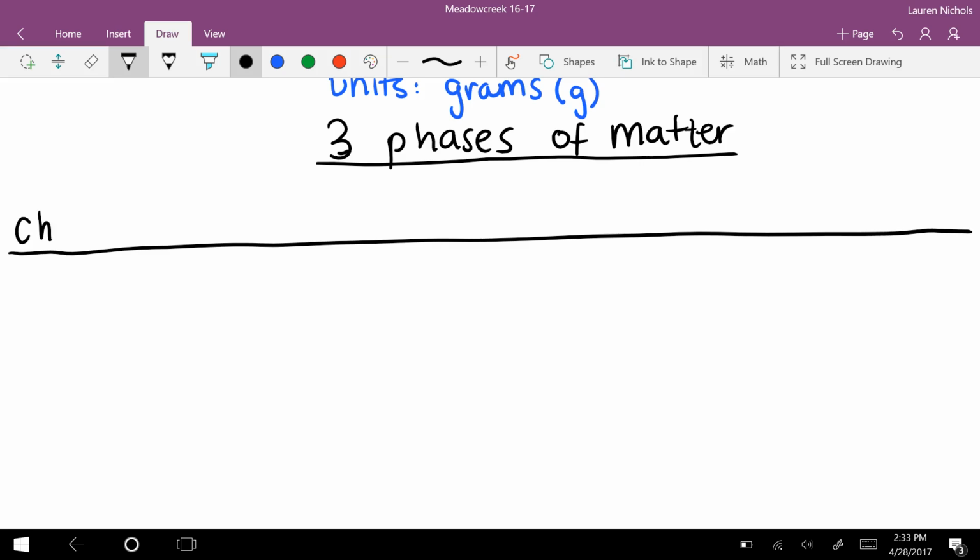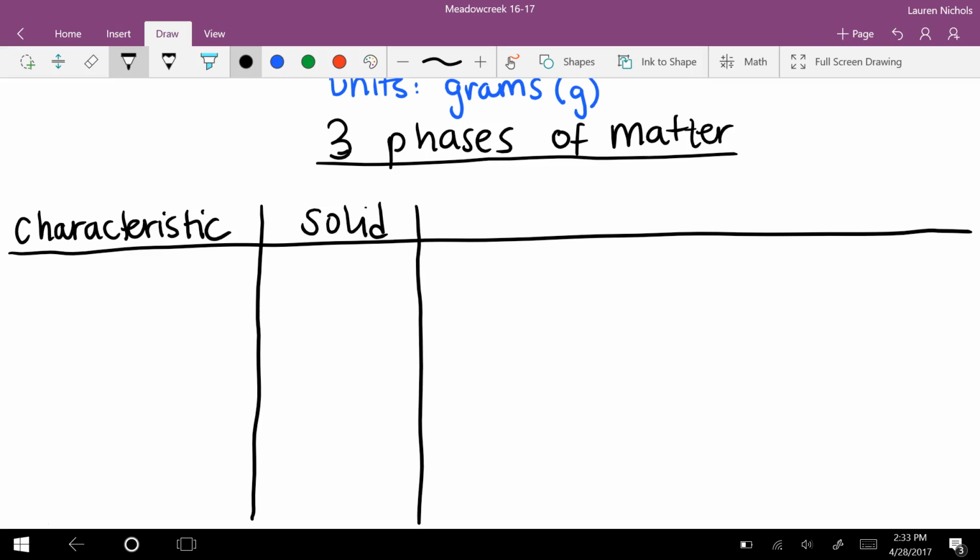So we're going to have our characteristic. We're going to have solid. Let's give solid a little more space.